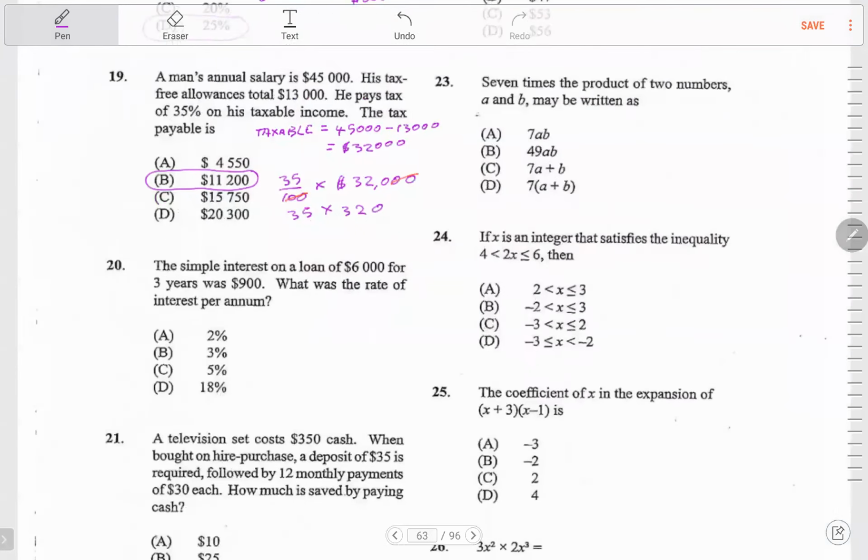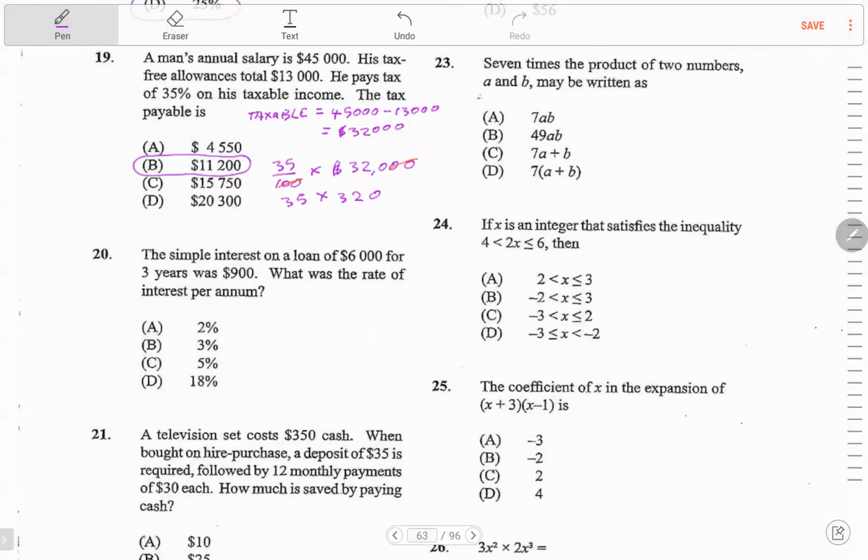The simple interest on a loan of $6,000 for 3 years is 900. What is the rate? So we're trying to find the R. Now I equals PRT divided by 100. Trying to find the R, so multiply by 100, divide by the P, and divide by the T. Leave R as the subject. So R equals 100 times the interest divided by the principal and the time.